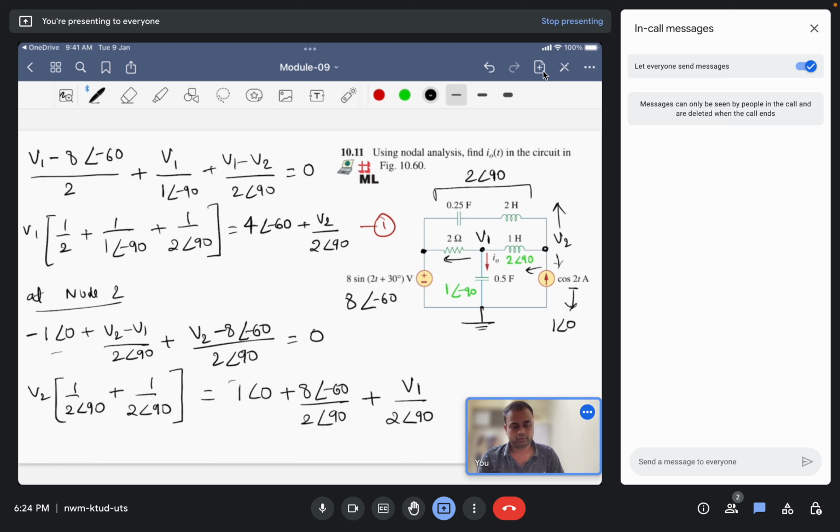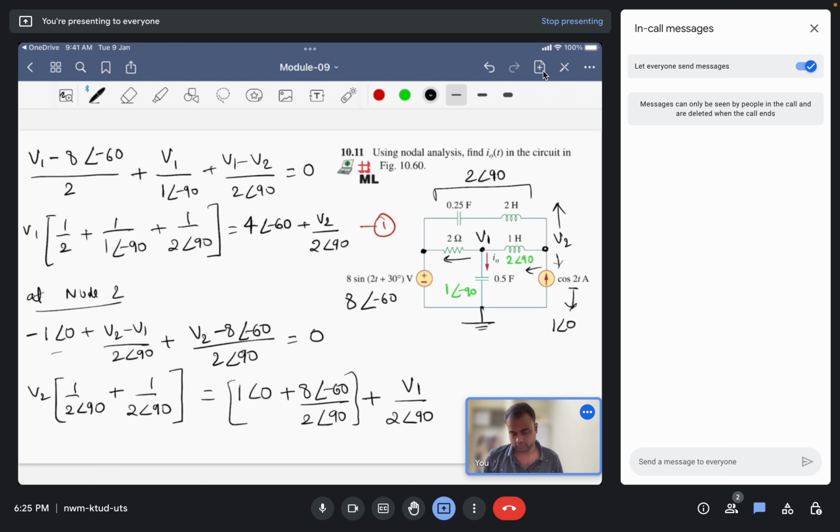So now we have to again add up these phasors and simplify the equation. So let us start. First is twice angle 90 degrees plus, okay, so this is simply 1 angle 90, so both the terms are same.